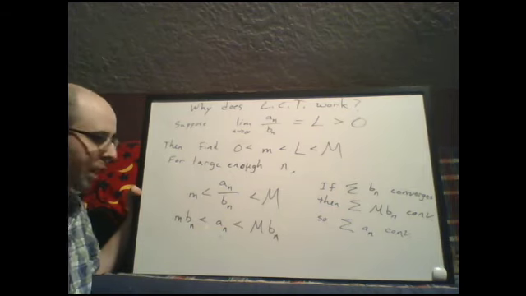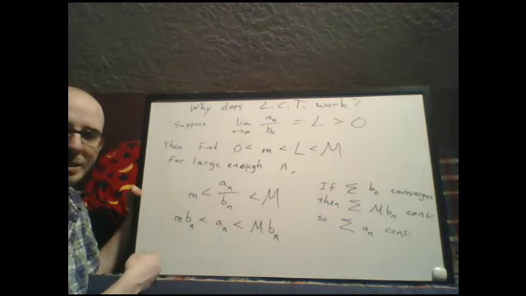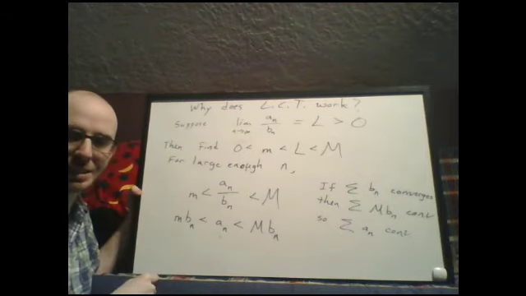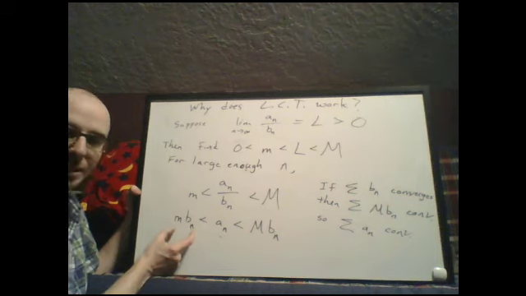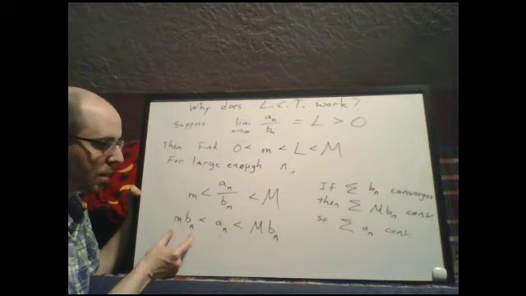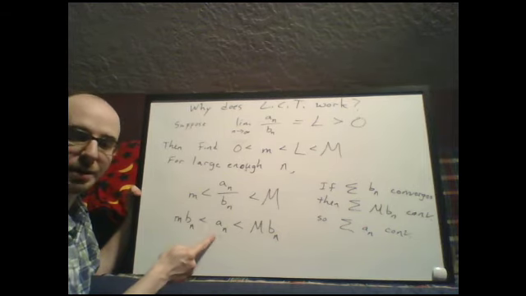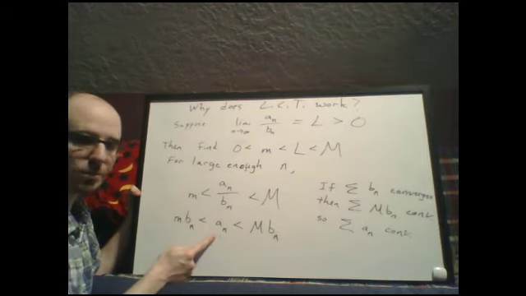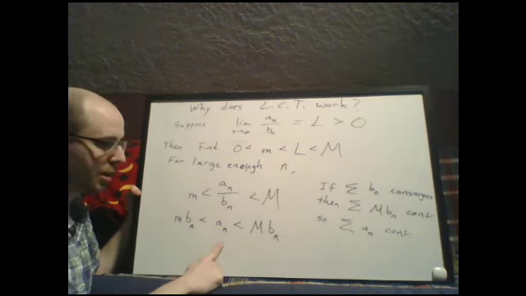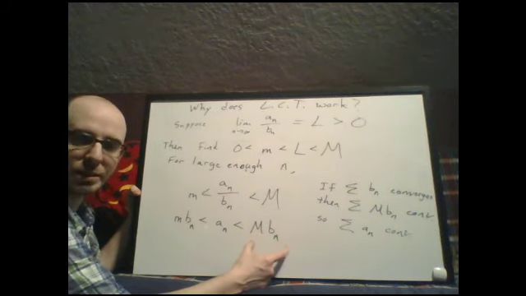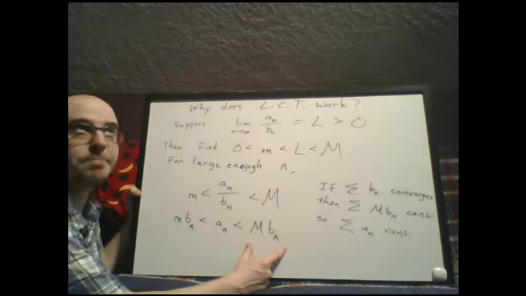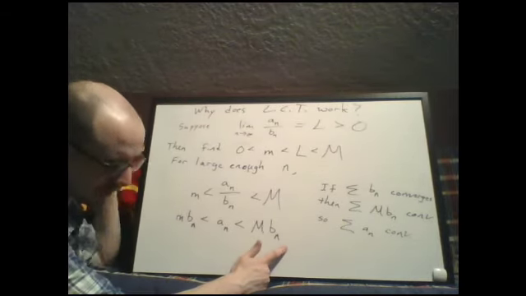If we do the same thing for divergent, if we assume that the summation of bn is a divergent series, then that means the summation of little m bn is a divergent series. And since the a's are bigger than that, that would have to be a divergent series. And finally, if we knew that the summation of an diverges, well, this capital M bn series would also have to diverge. So we could divide by capital M. And, well, that's a little bit trickier logic to write out.